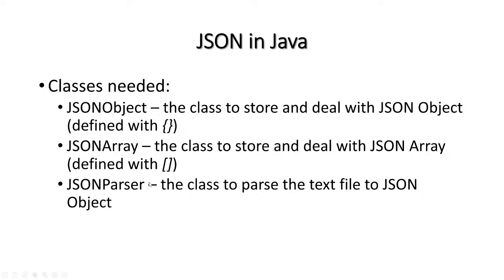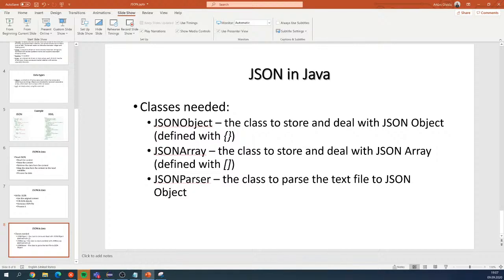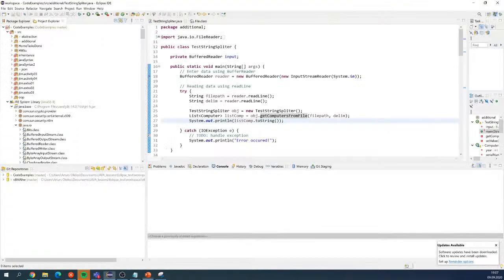And JSON parser is the class to use to parse a JSON string. If you have a string, you can parse it with JSON parser and just get the content of the file.